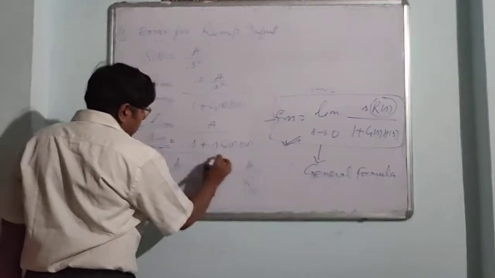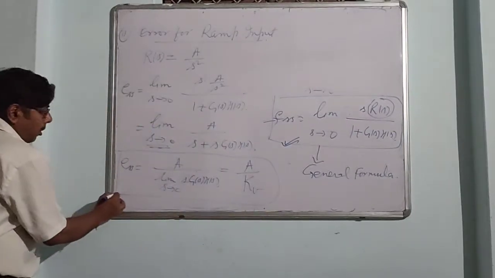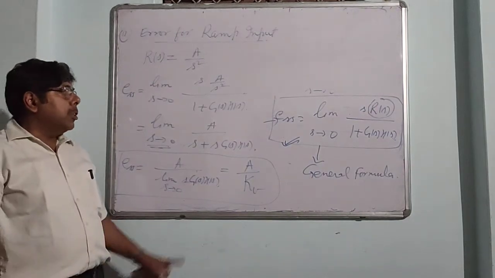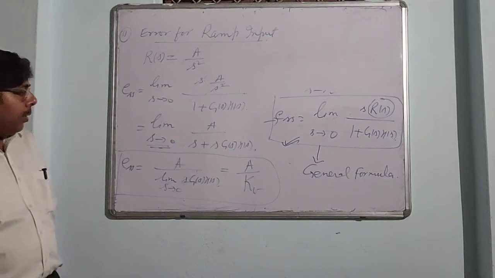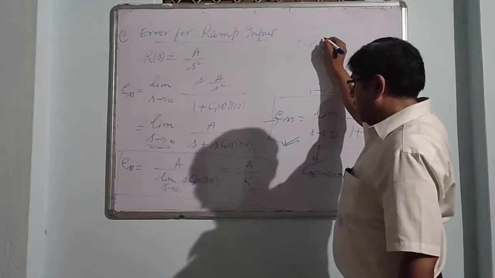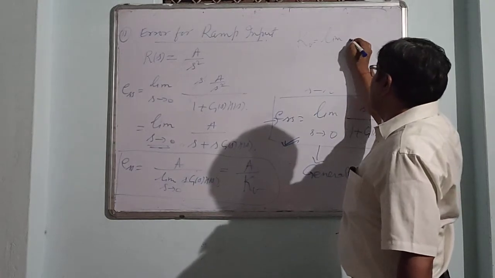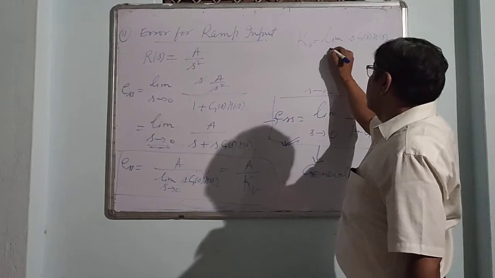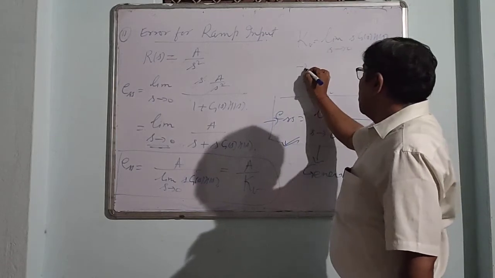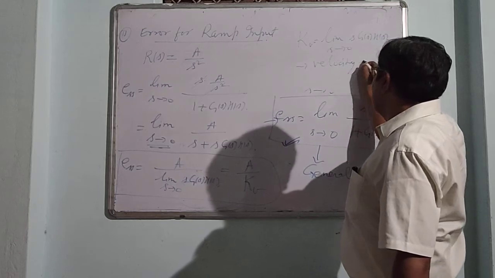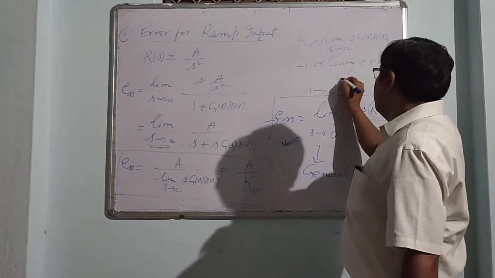Another error coefficient is defined here, called velocity error coefficient. First one was Kp. Here Kv is defined, where Kv is the limiting value of sG(s)H(s), and this is called velocity error coefficient.